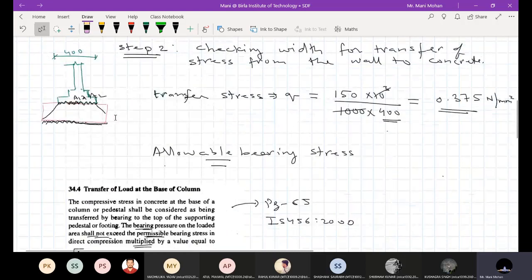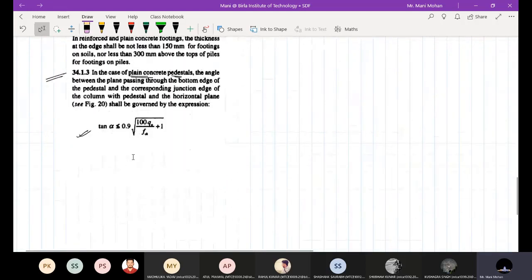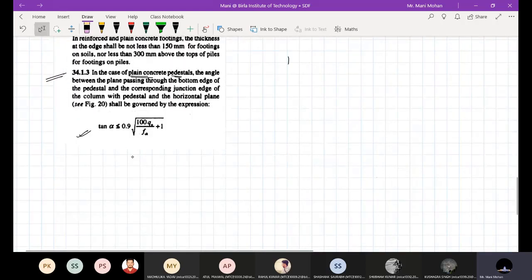If I come to this diagram, or let me make one diagram again. Say this is my wall, and this is the plain concrete footing which I have provided. So it is saying that the angle of dispersion, from the base, passing through the bottom edge of the pedestal.